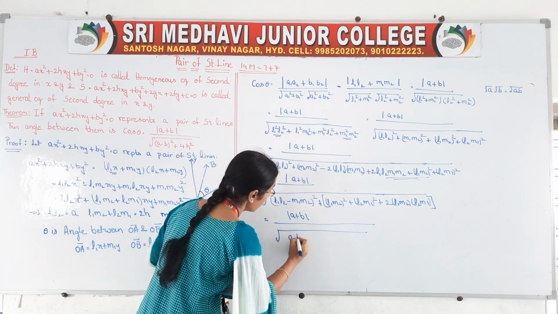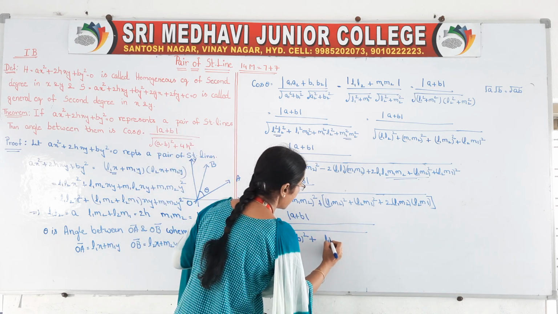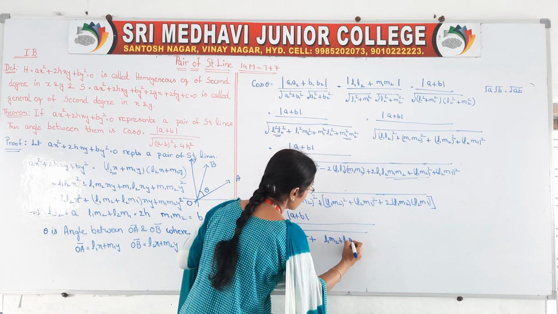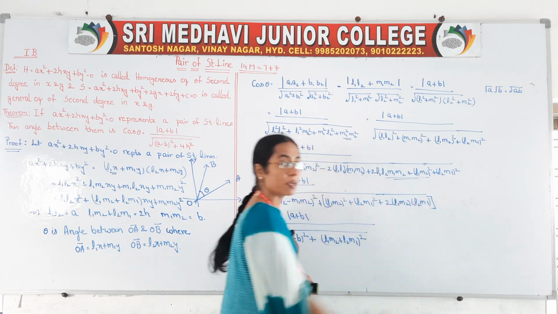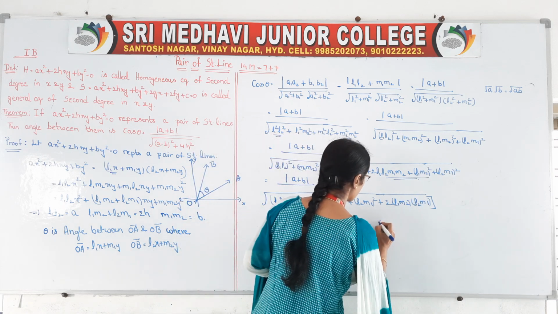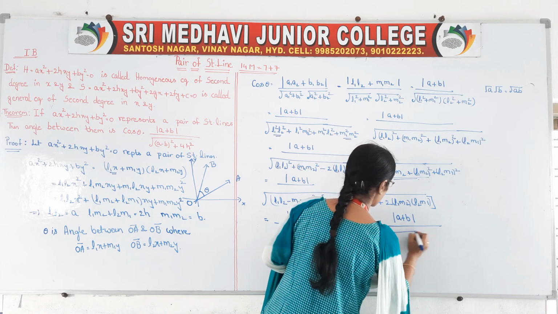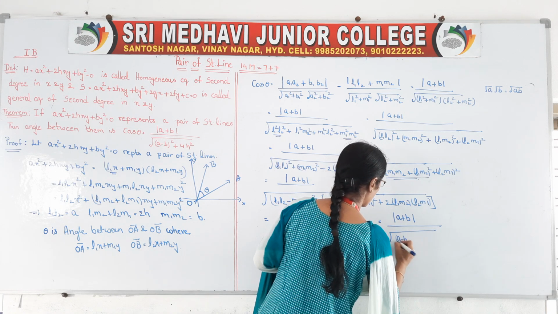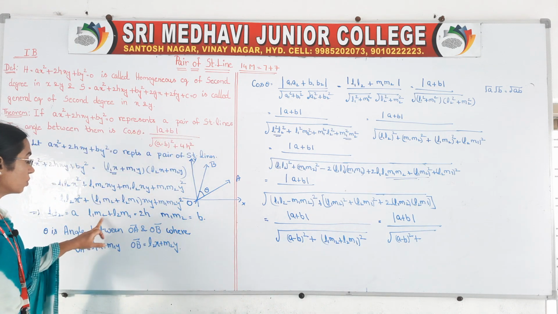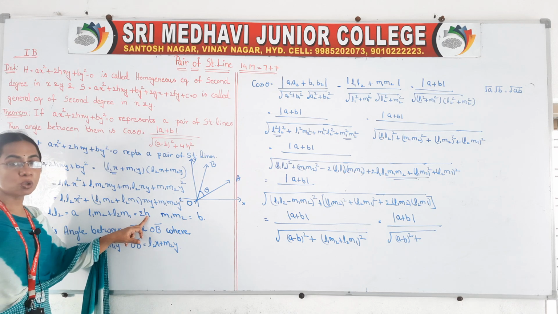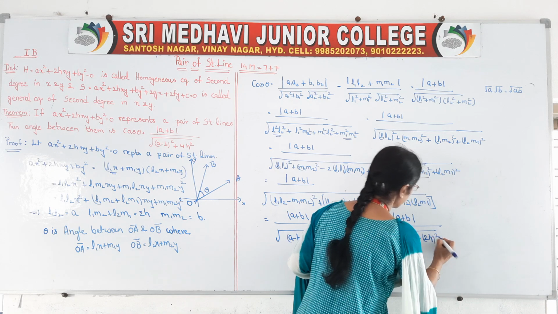So it is a minus b whole square plus L1 M2 plus L2 M1 whole square, the a square plus b square plus 2ab form. So it is equal to a plus b modulus by root of a minus b whole square plus, what is this value from the comparison? L1 M2 plus L2 M1 is equal to 2h, right? So 2h whole square.